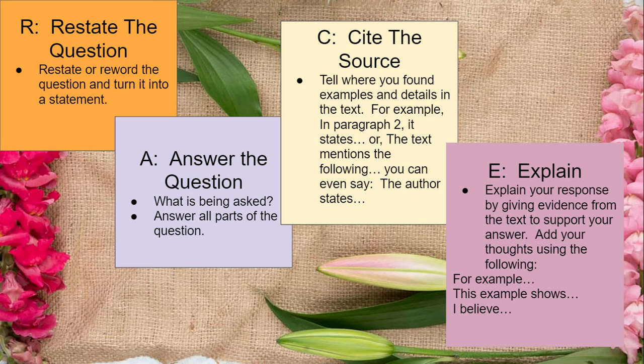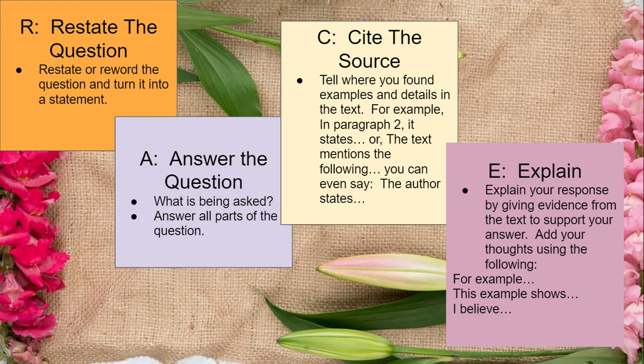And now let's go over the RACE acronym. The R stands for restate the question. Restate or reword the question and turn it into a statement. A, answer the question. What is being asked? Answer all parts of the question. C, cite the source.